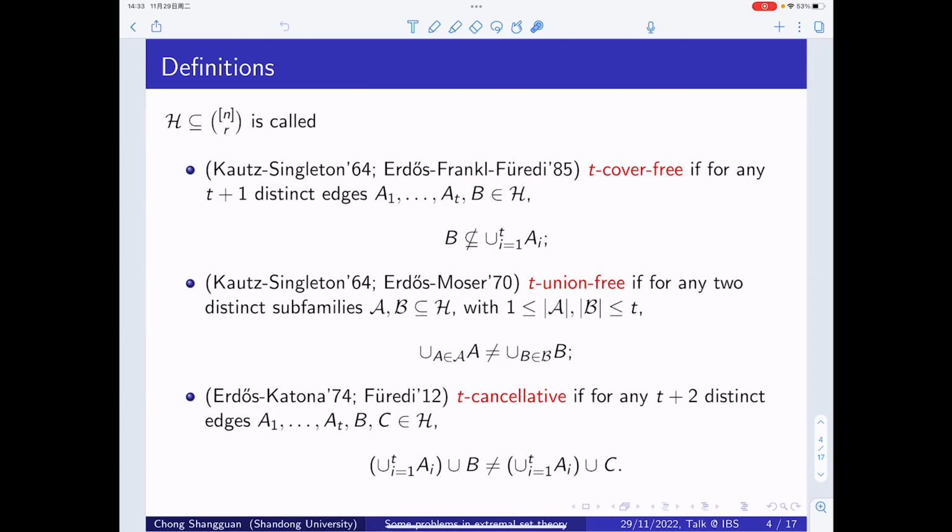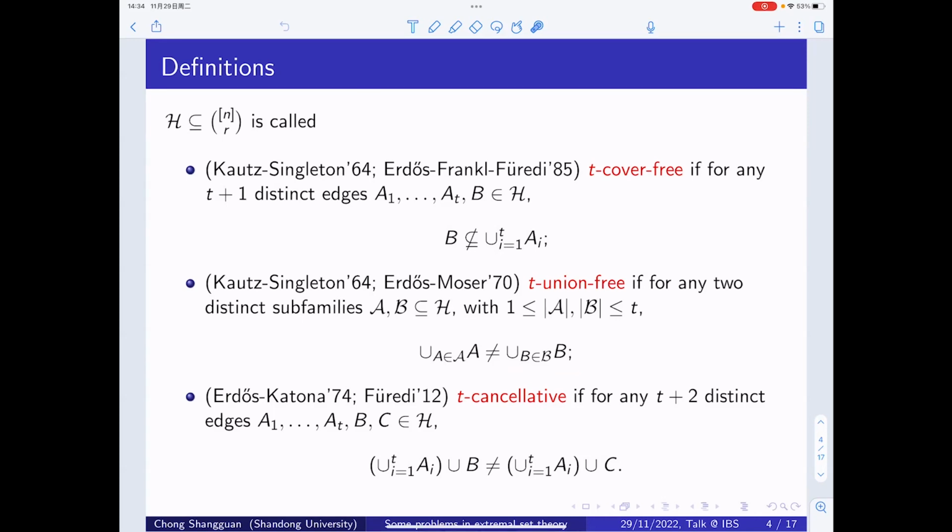Secondly, an r-graph is called t-union-free if for any two distinct subfamilies A, B of H, each containing at most t edges, we have that the union of the edges in A does not equal the union of all edges in B. Similar to the case of cover-free hypergraphs, union-free hypergraphs were first defined by Kautz and Singleton in coding theoretic language, and then rediscovered by Erdős and Moser.